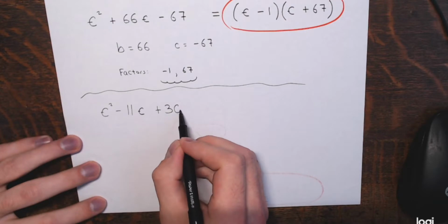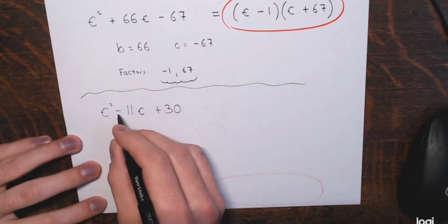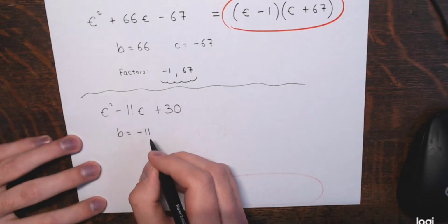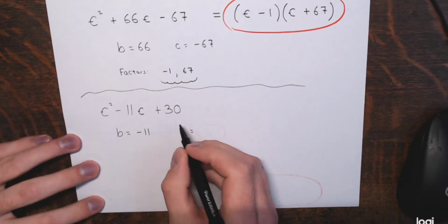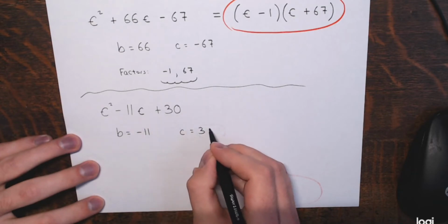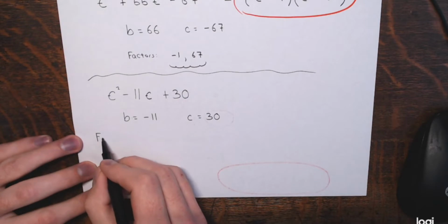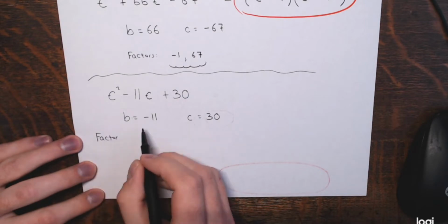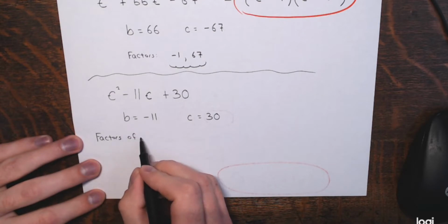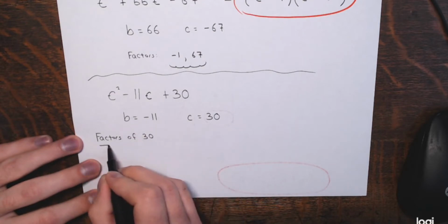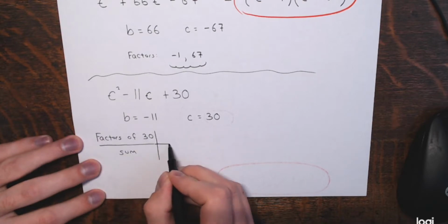So again, the value of b here, the coefficient of the first powered term, is negative 11. And the constant c is positive 30. I'm looking for factors of 30, and this one I'll make a chart for because it's the first time we've seen a negative b. I'm looking for factors of positive 30 that have a sum of negative 11.